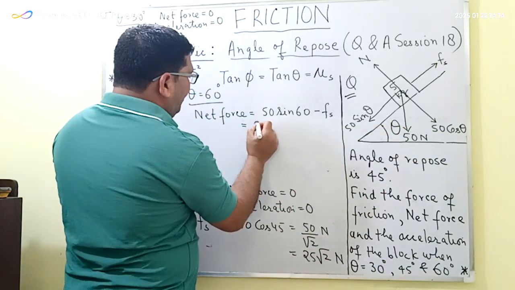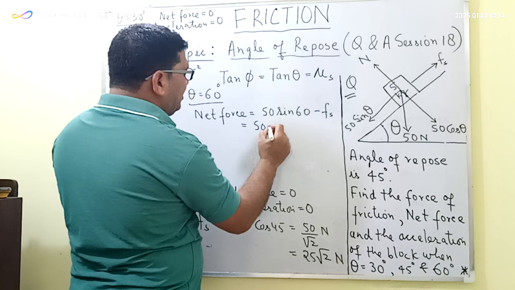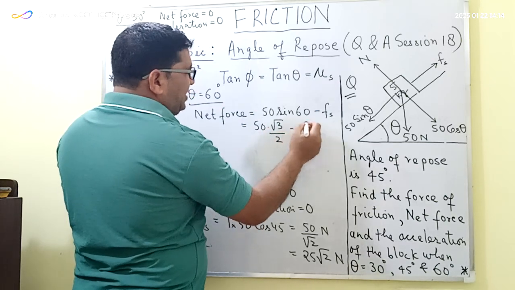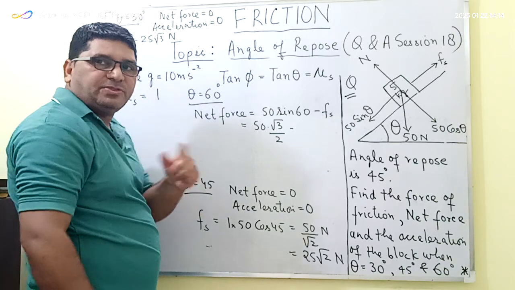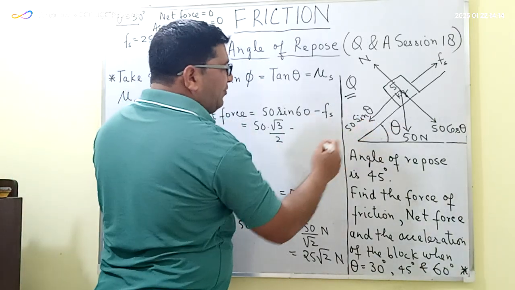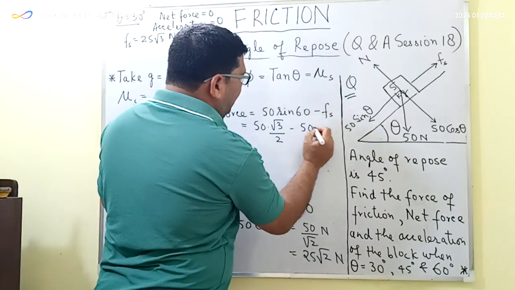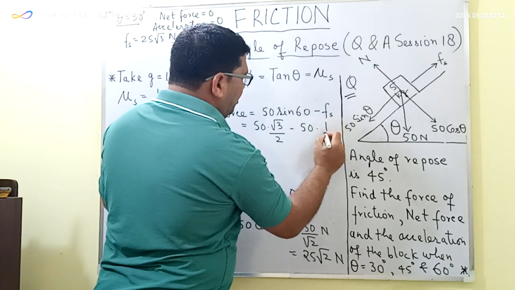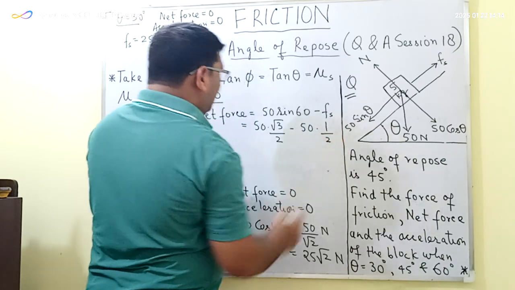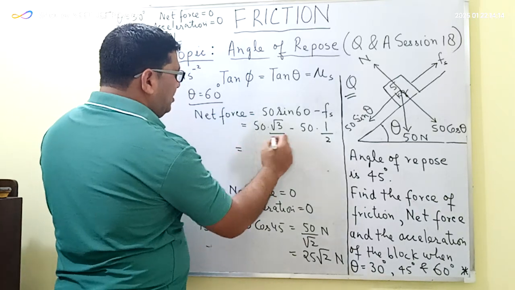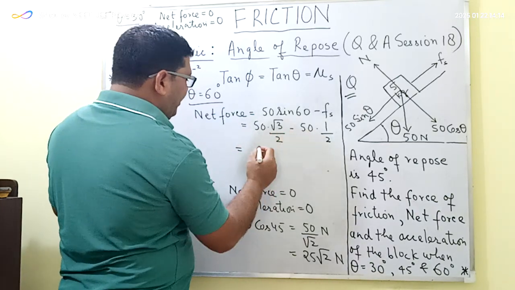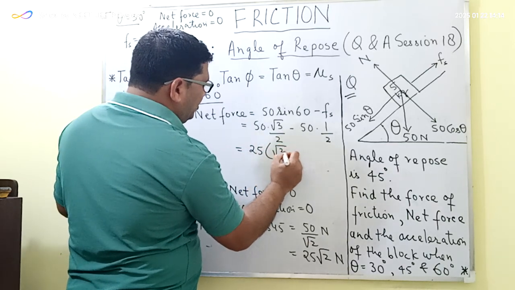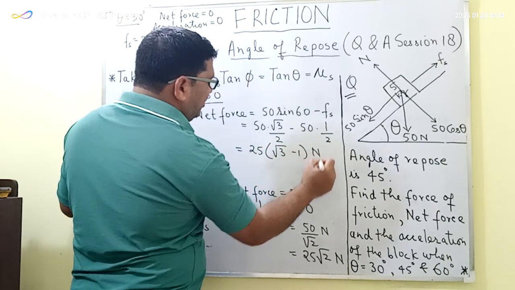So 50 sin 60, which is 50 root 3 by 2, minus Fs. Now Fs is equal to mu s into n, mu s is equal to 1, and the normal reaction is 50 cos 60, where cos 60 is equal to 1 by 2. So this is equal to 25 root 3 minus 25, which is 25 root 3 minus 1 newtons.